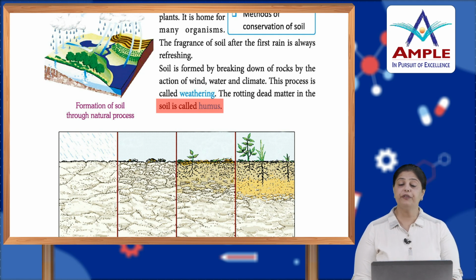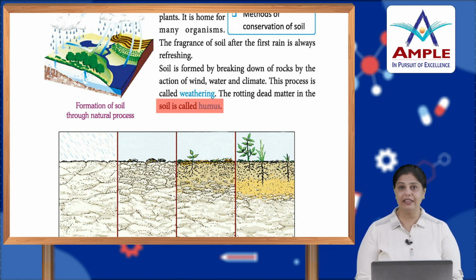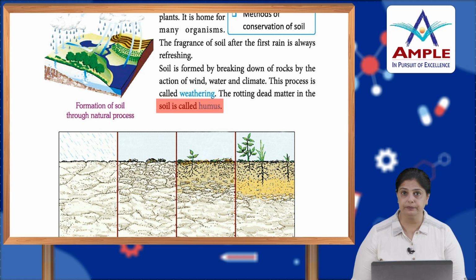Now, the fragrance of soil, when the first rain falls on the surface of the earth, is always very refreshing. You feel very nice when you get that fragrance. Now, how is this soil formed? It is formed by breaking down of rocks by the action of wind, water and climate.